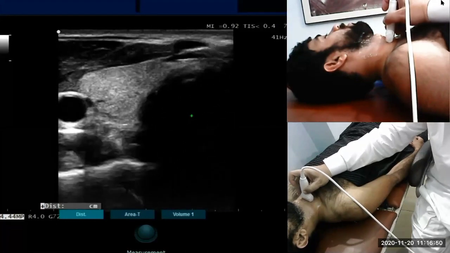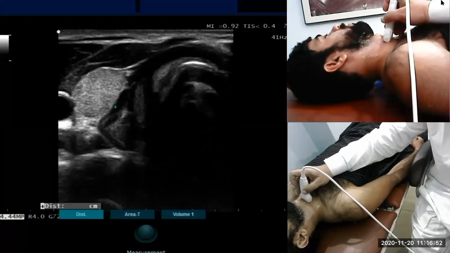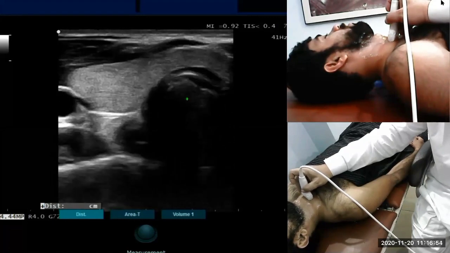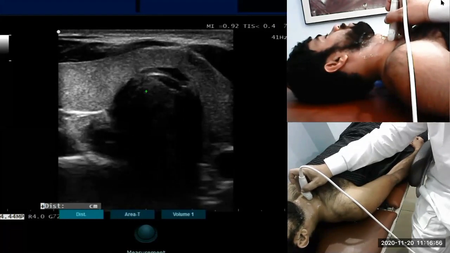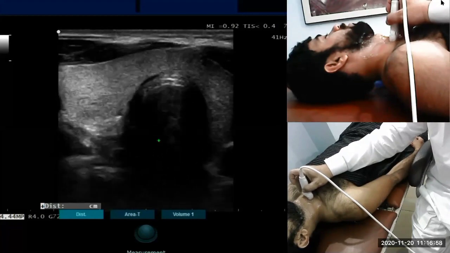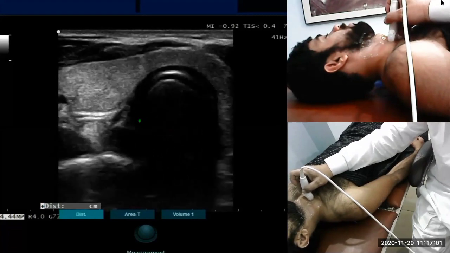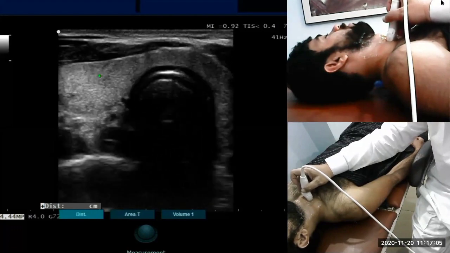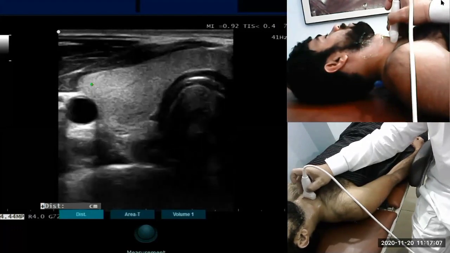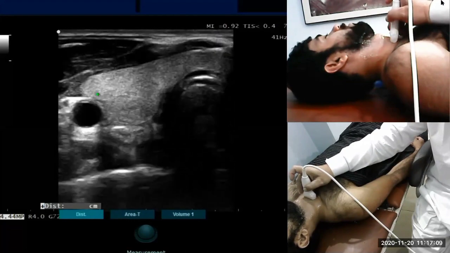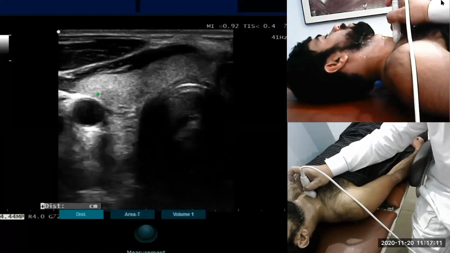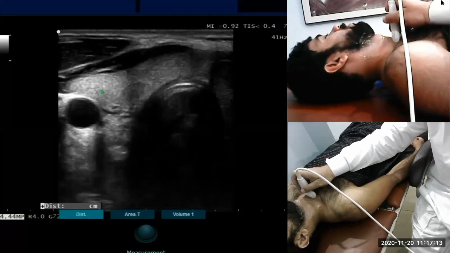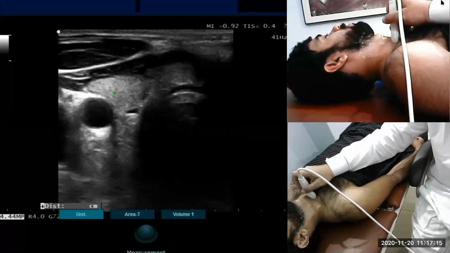Between the common carotid artery and this black round trachea with black shadow due to air inside, this spongy, bright tissue is the normal appearance of thyroid gland.